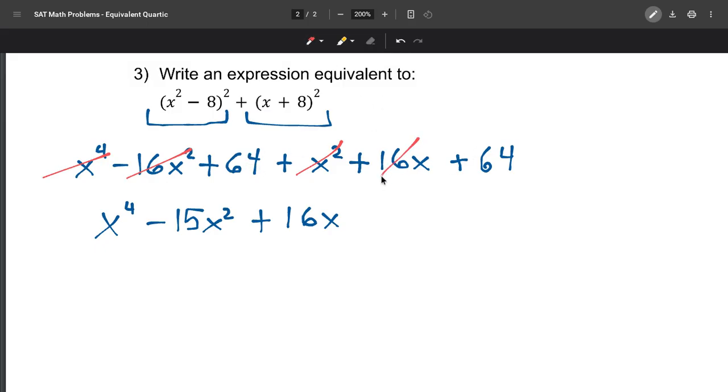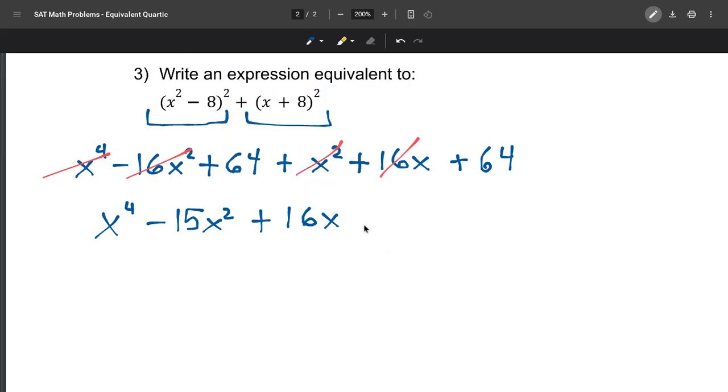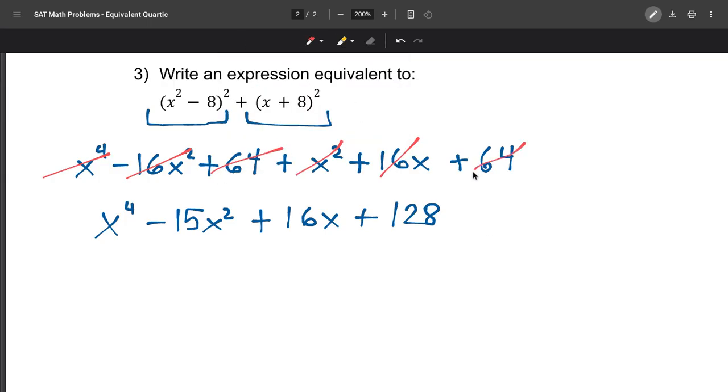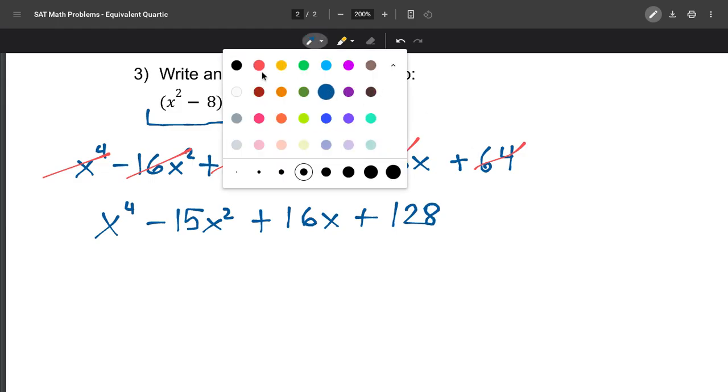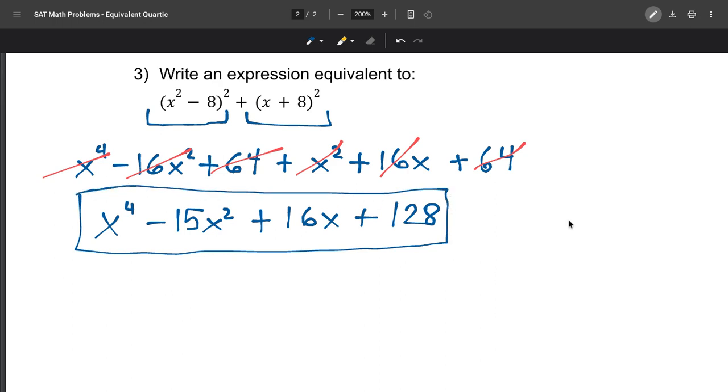Sorry, we're crossing off 16x, okay. And then 64 plus 64 is 128. And we'll cross those two off. And there we go. We've got our solution for this particular problem. So hopefully these are getting a little easier to simplify knowing the patterns. All right, let's try one more problem.